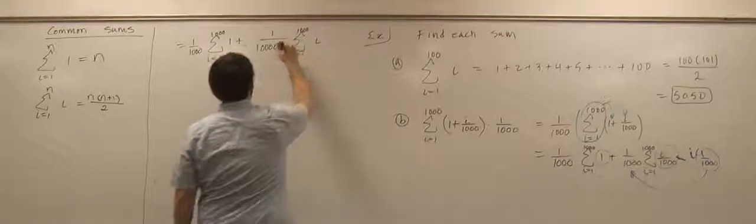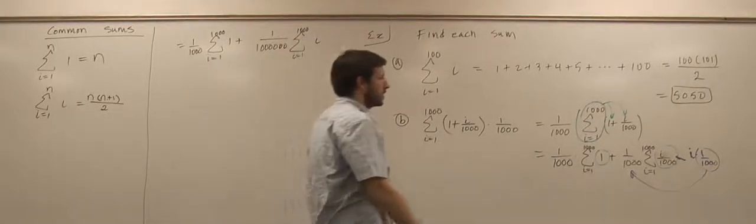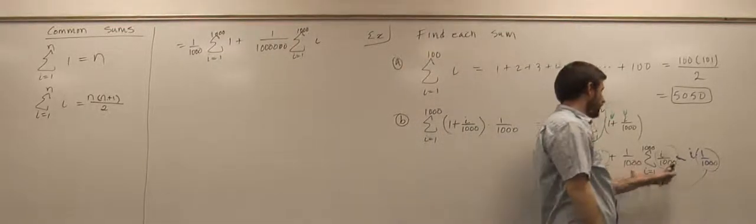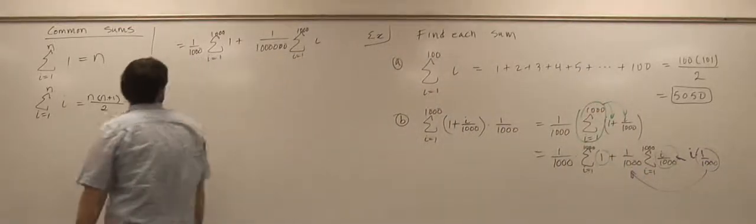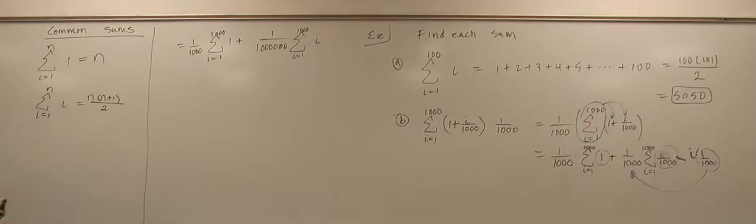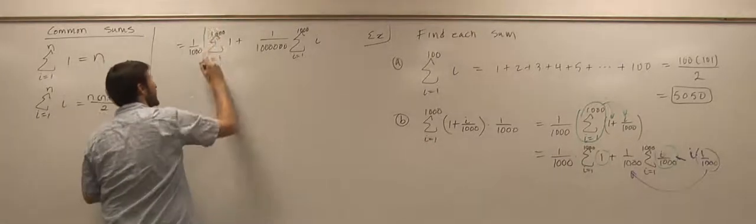Or, no, a million. 1, 2, 3, 4, 5, 6 zeros. Which is beautiful, even though you don't believe me, because each of these I know.